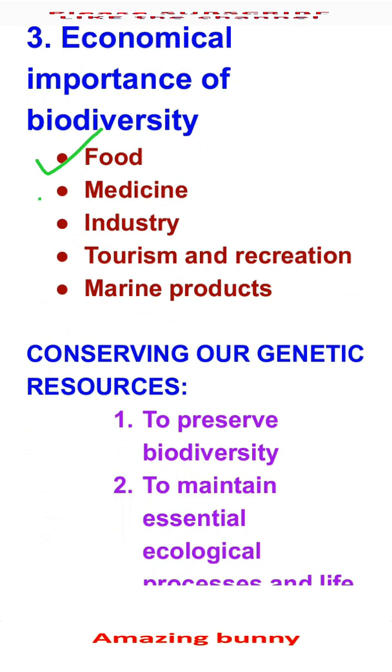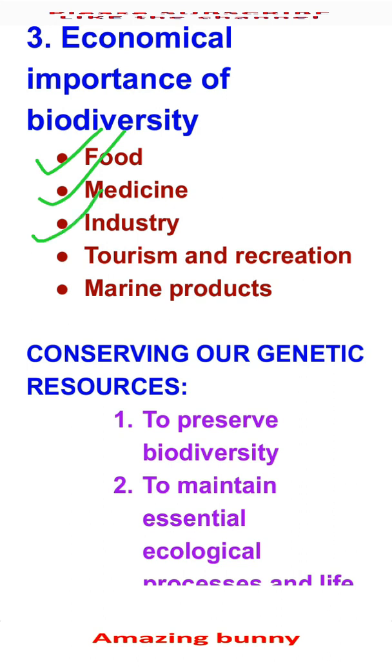Next is medicine. Various plants and animals are the source of medicine. A very common example is penicillin. Penicillin is a very good, very common antibiotic. It is derived from a fungus, and the name of the fungus is Penicillium notatum.